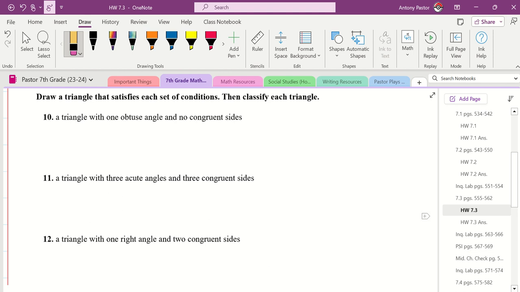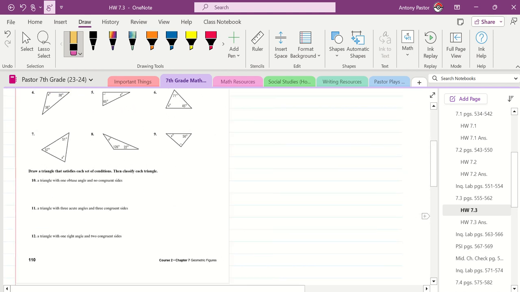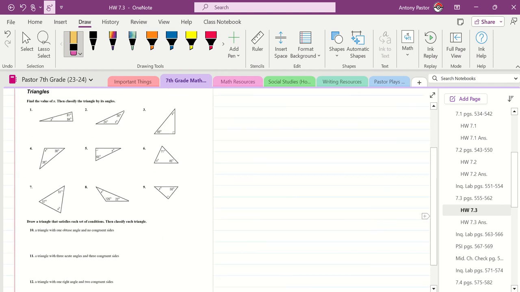You're going to be writing down the question for number 10, 11, and 12. Write out those things word for word. Just a hint, each triangle will have 2 classifications. I already checked. So you were to draw that triangle, and you choose how you want to classify it. So if they're congruent, equilateral, you decide you want to do the little tally marks, you want to actually give it measurements. That's up to you. So please make sure that you do this homework correctly. Otherwise, I will not be signing it.